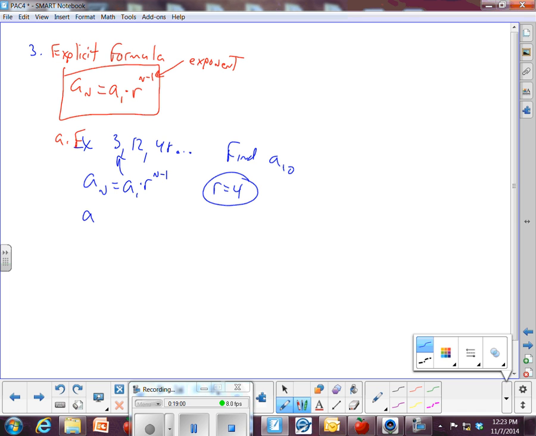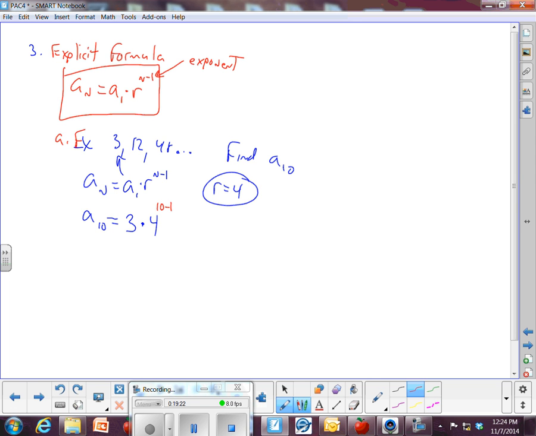What does it want? It wants a sub 10, right? What is a sub 1? It's a 3. What is r? It's a 4. And the exponent is going to be 10 minus 1.